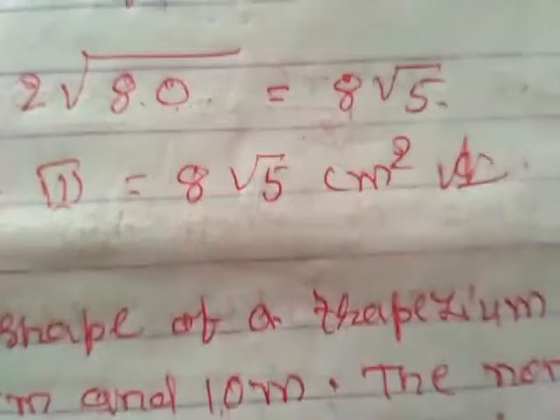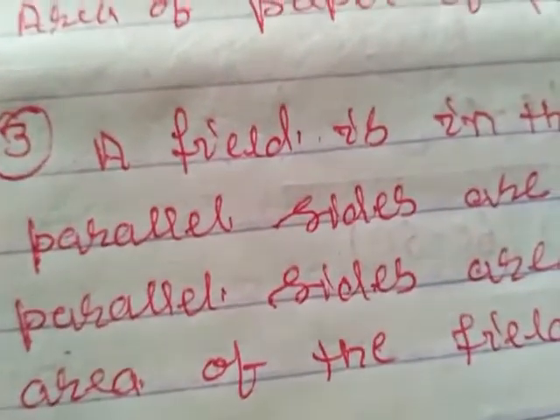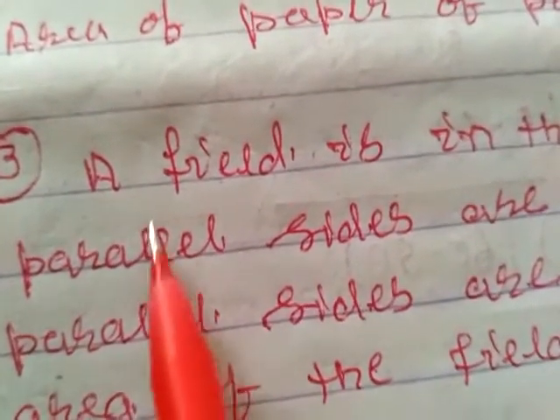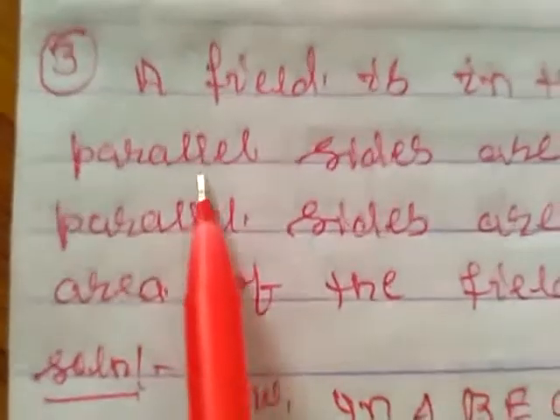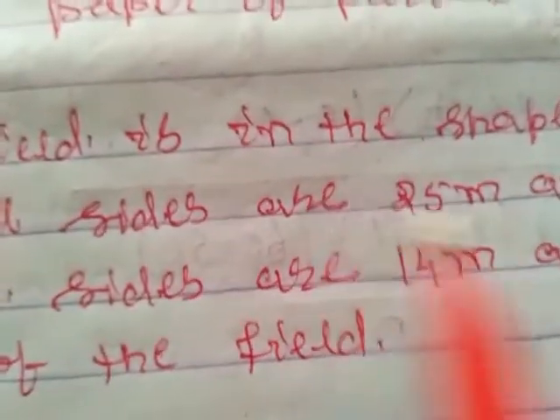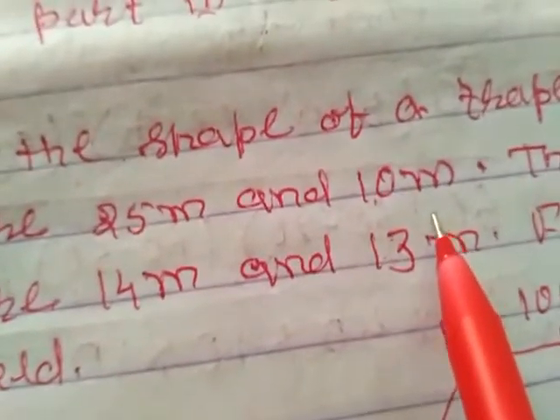Now coming to the next question. The question is, a field is in the shape of a trapezium whose parallel sides are 25 meter and 10 meter.